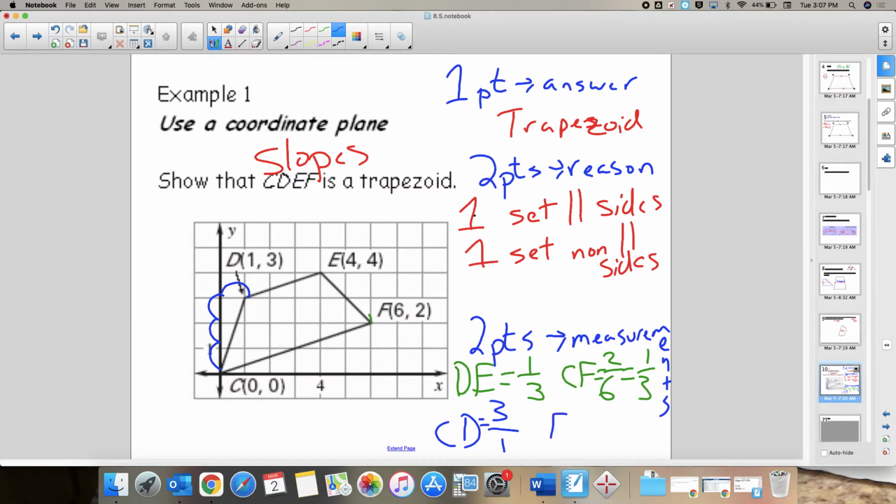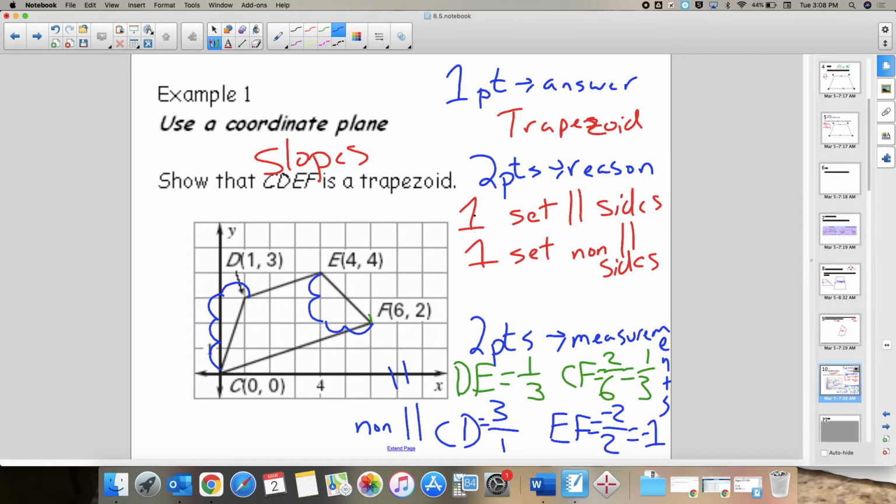E to F has a slope of, I go down 2 and right 2. Negative 2 over 2 is negative 1. So one set is parallel, one set is non-parallel. So I show the measurements that make that.